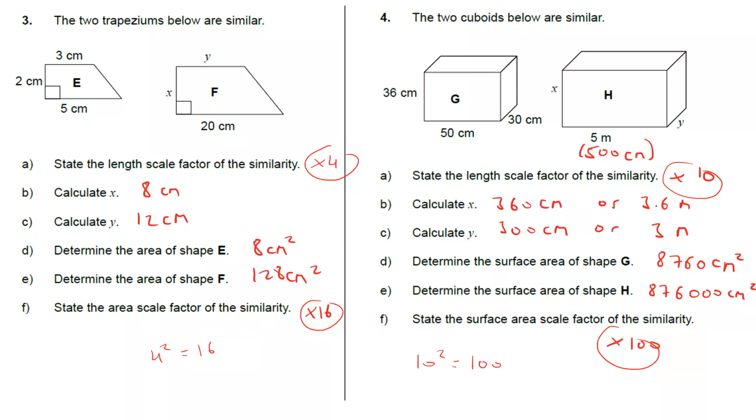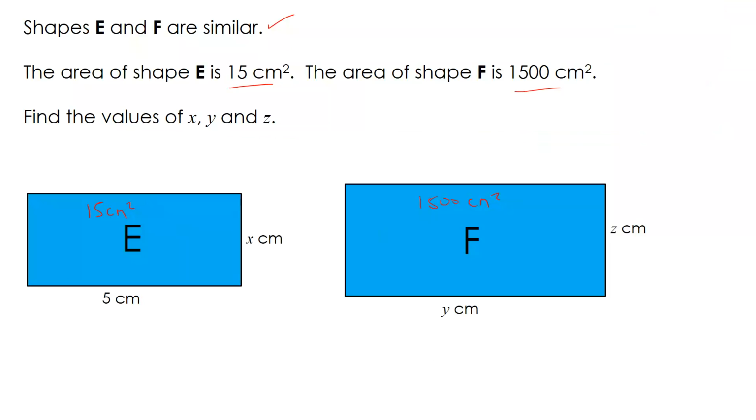So the trick to notice here, I'll write it down: the area scale factor of similar shapes is the length scale factor squared.